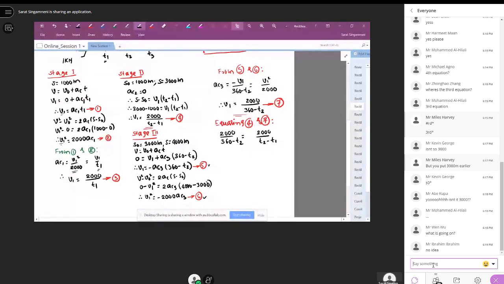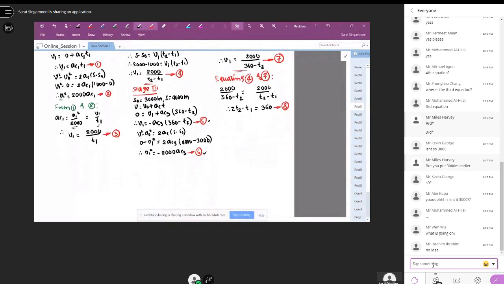You can simplify this and write 2T2 minus T1 is equal to 360 by cross multiplying, and you can call this equation 8.